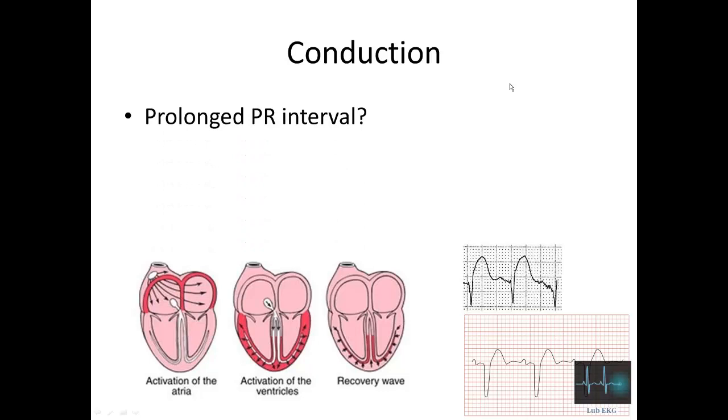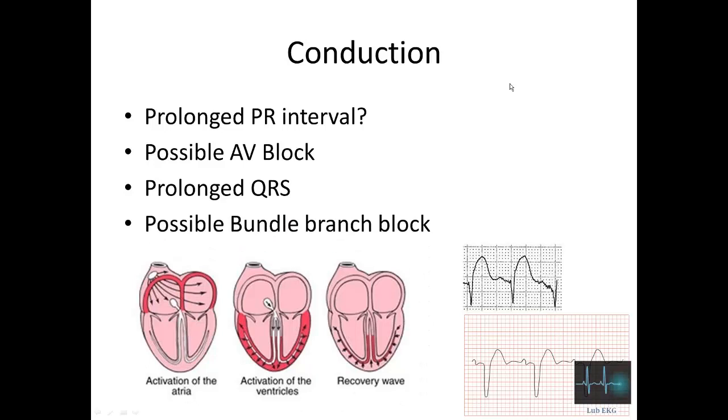Now, a prolonged PR interval indicates that we have a problem with the conduction from the atria to the ventricles, classically called the AV block. Now, if we have a prolonged QRS complex, we have a problem of ventricular electrical conduction, which we can see in, say, bundle branch blocks.